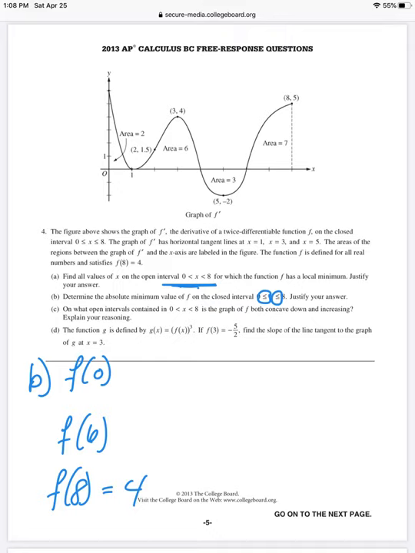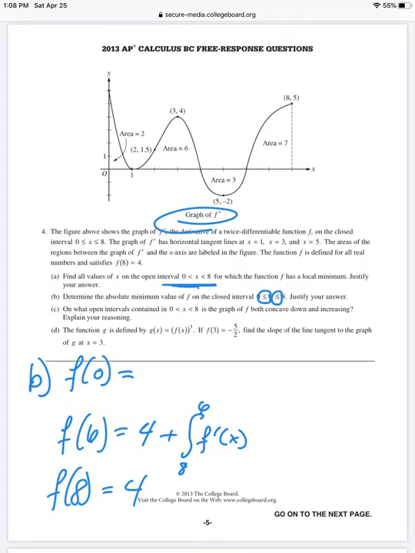Now, we've got to figure out the other values. The only initial condition I've got is that at 8 it is 4. And this is, again, the derivative. So to figure out the function, I have to take the antiderivative, which is an integral. So it's your initial condition, 4, plus the integral from 8 to 6 of the derivative.